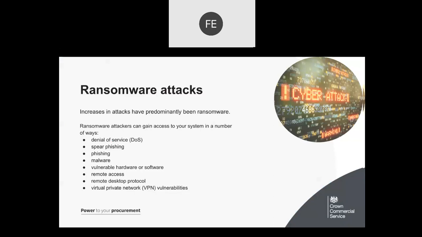Ransomware attackers can gain access to your system in a number of ways: through denial of service, spear phishing, malware as a whole, vulnerable hardware or software, remote access, remote desktop protocol, and VPN vulnerabilities.